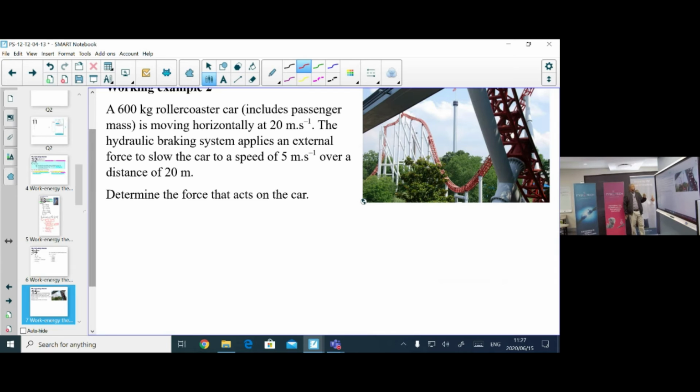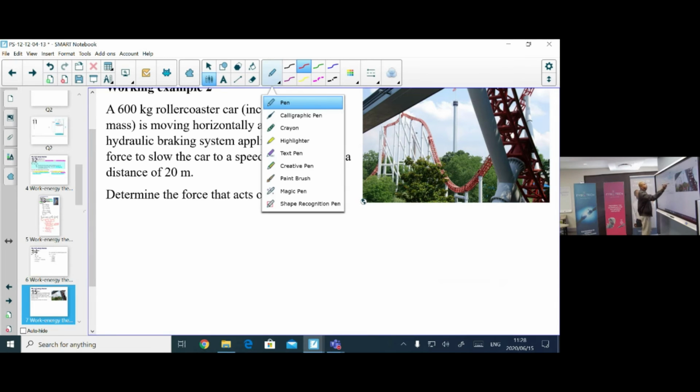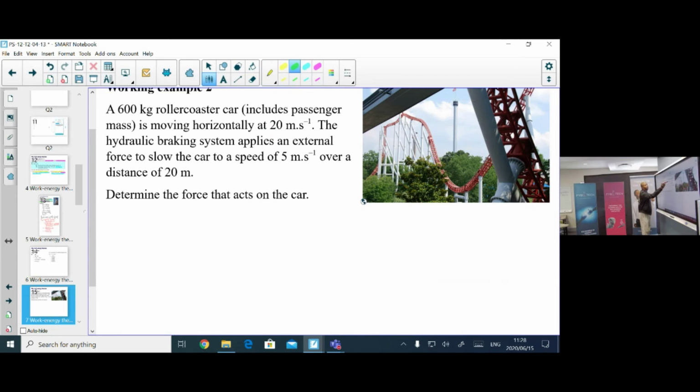Okay, the hydraulic braking system applies an external force to slow the car to a speed of 5 meters per second. If you can just look at this, this roller coaster is just moving with what? With this 20 meters per second.